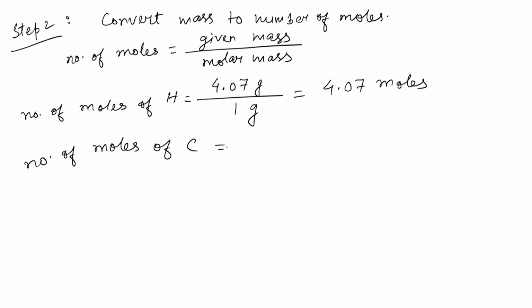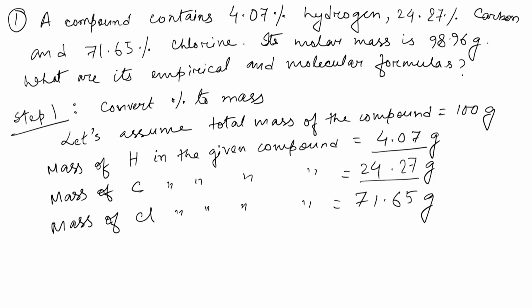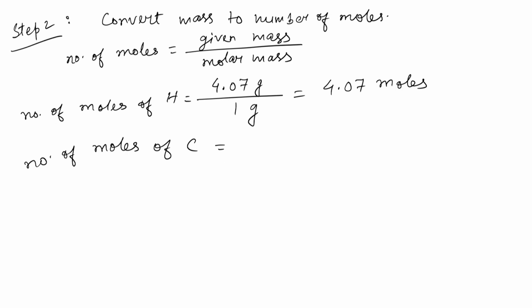Okay. Now, number of moles of carbon. So, what is the number of moles of carbon? The given mass of carbon is 24.27 grams. So, 24.27 grams divided by 12 grams, that is the molar mass of carbon. This comes as 2.02 moles.